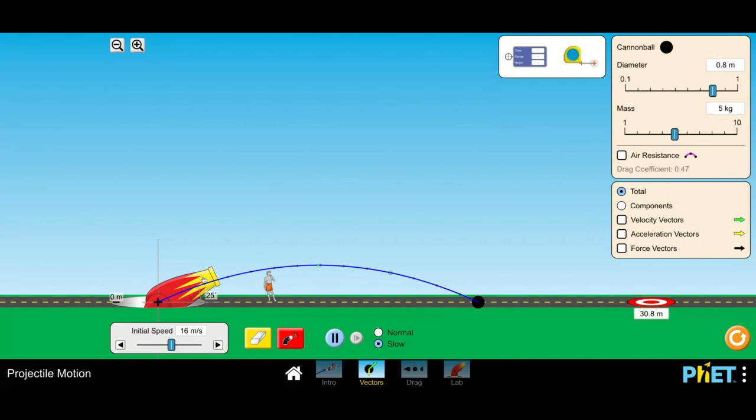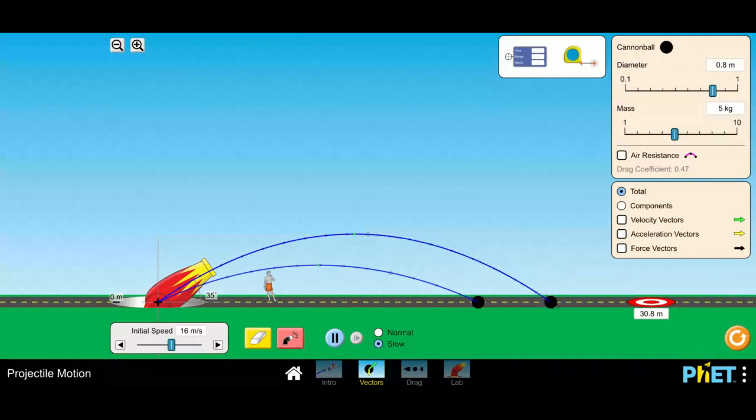Okay, and then as you increase the angle, so say we do 35 and we fire it, probably not surprisingly, now we have a bit more y velocity and a bit less x. The y component is a bit bigger and the x component is a bit smaller. And so you can see it goes higher and it goes further.